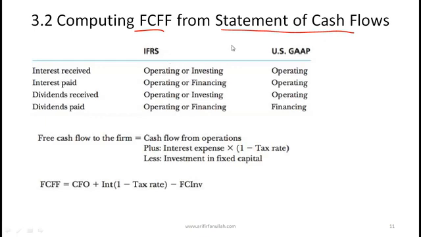But do you remember this distinction between IFRS and US GAAP? Let's talk about things like interest received, interest paid, etc. US GAAP is nice and simple, where all these items are classified as operating, but IFRS gives options. So if you are looking at an IFRS cash flow statement, then what's the first thing you need to determine? Let's say the company has issued a bond, so the interest payment is being made to bondholders.